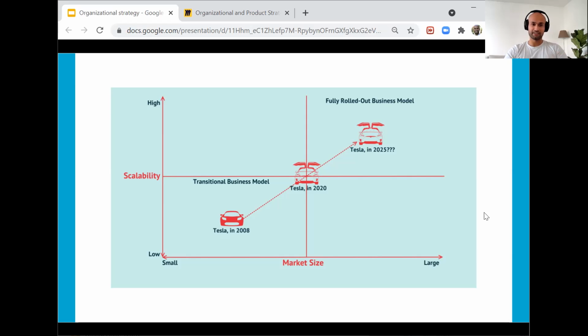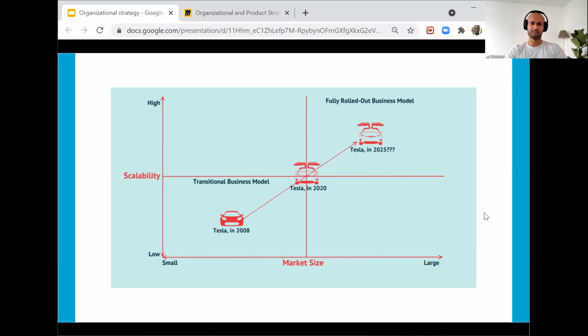So they initially got this product market fit with the Roadster that helped them gain initial traction with customers, make some profit to then roll out and scale out more complex versions of the car at a higher scale, to broader audiences, to bigger markets.